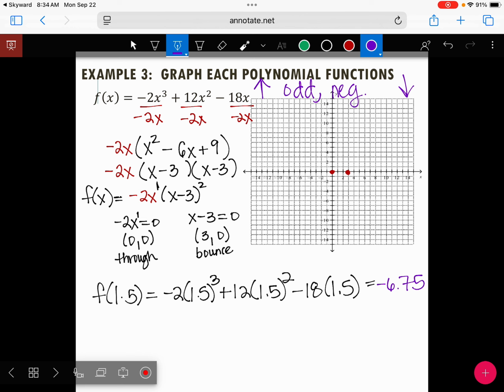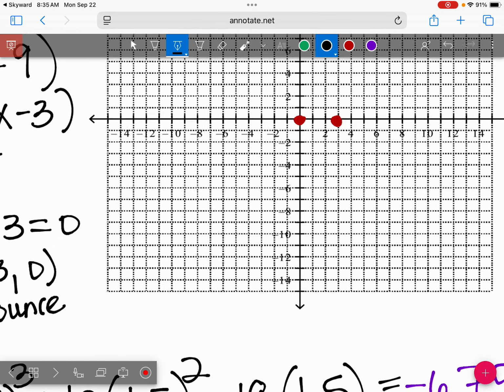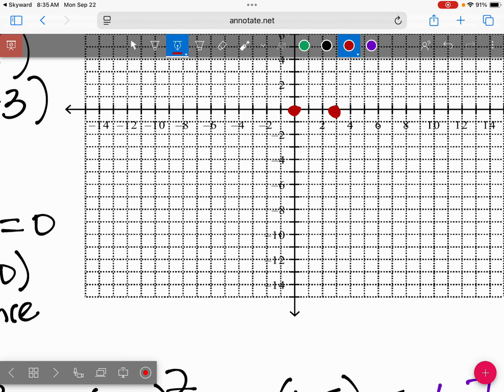So we need to put a point down somewhere around 1.5, and that's approximately negative 7, really. We're graphing it, so we can't really graph negative 6.75. So I'm going to zoom in. So I'm coming down to about negative 7.